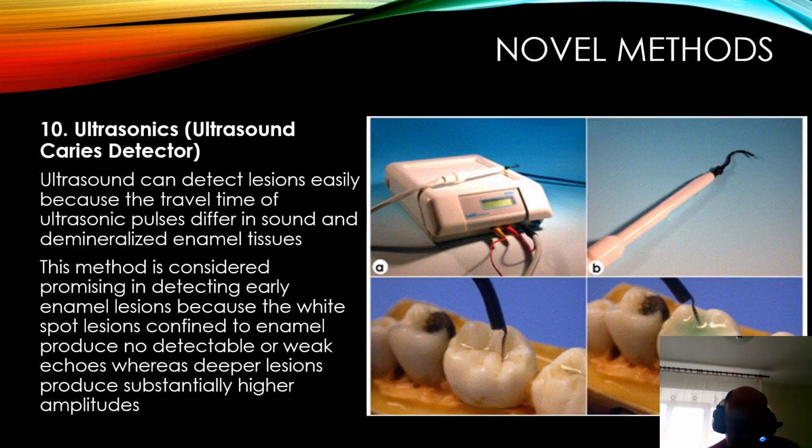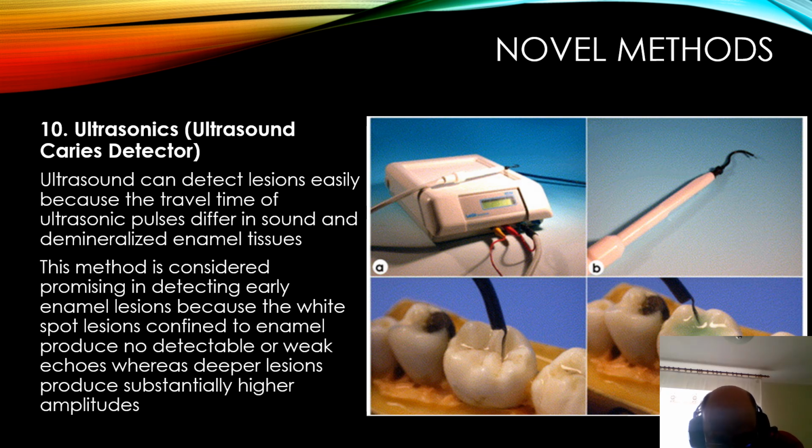Of course, the ultrasonic or ultrasound caries detector. Ultrasound can detect lesions easily because the travel time of ultrasonic pulses differs in sound and demineralized enamel tissues.